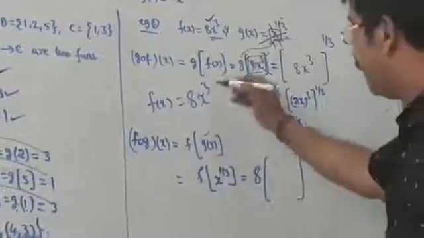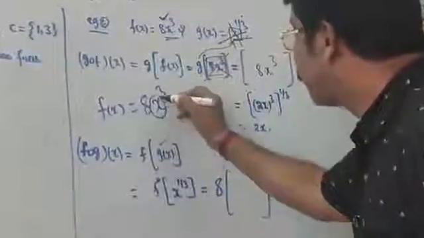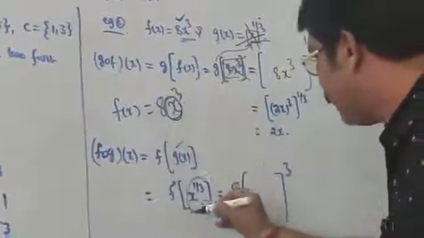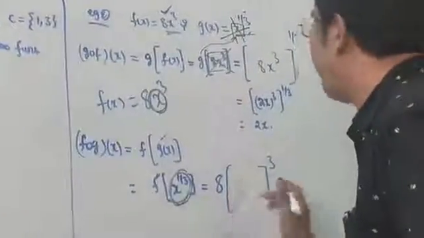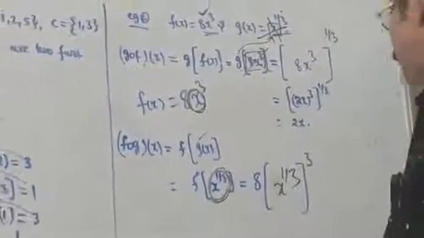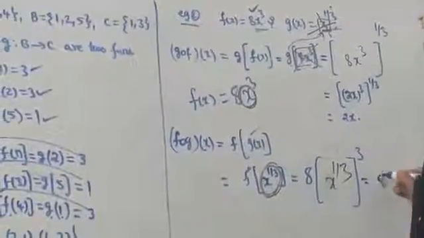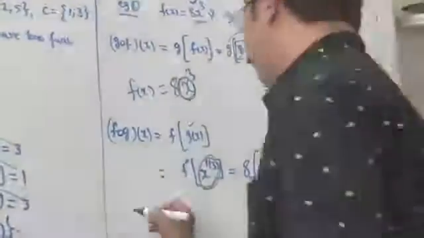Instead of x, we write x power 1 by 3. So that is equal to 8 into, the 3s cancel. It remains only 8x.